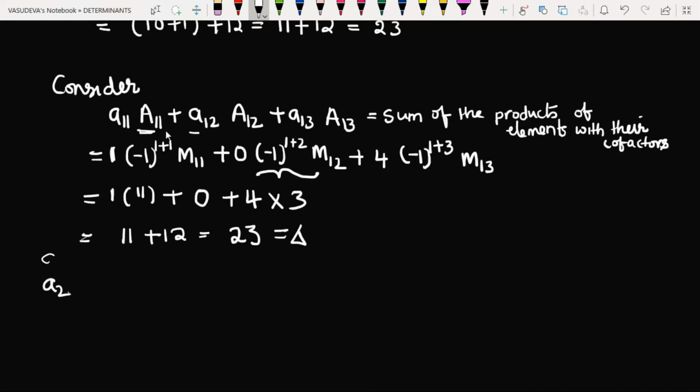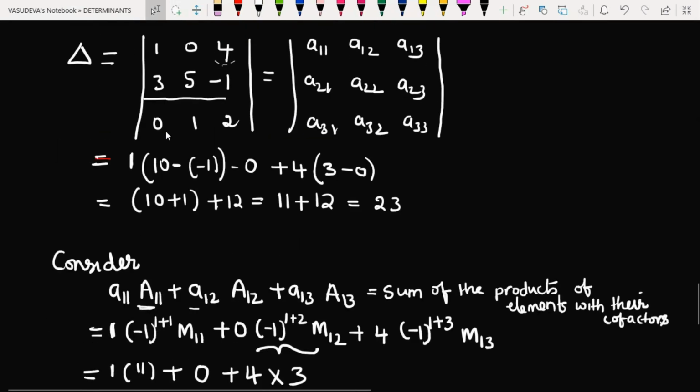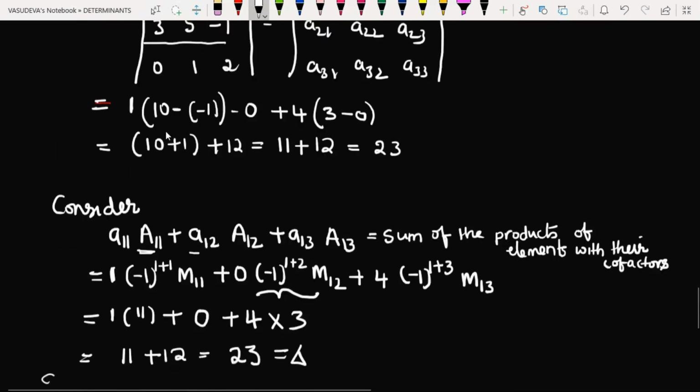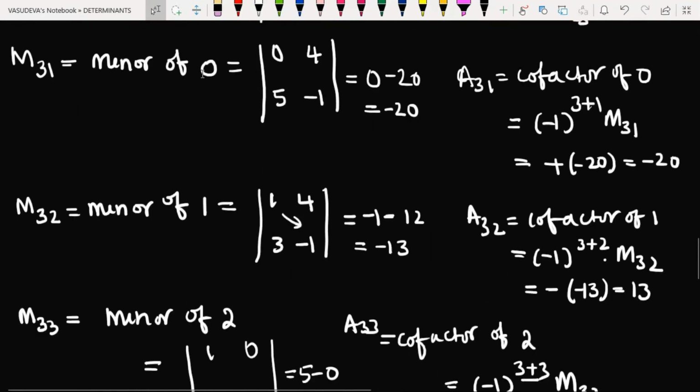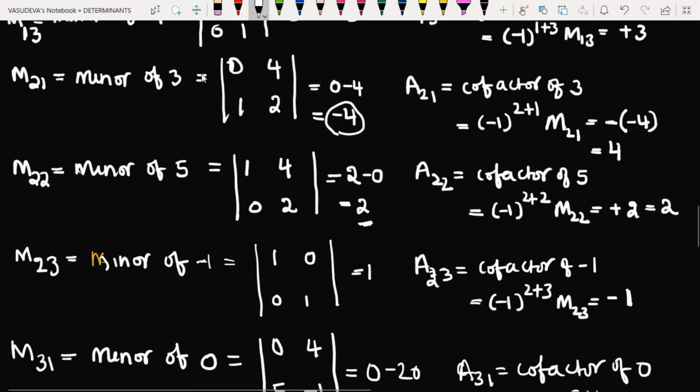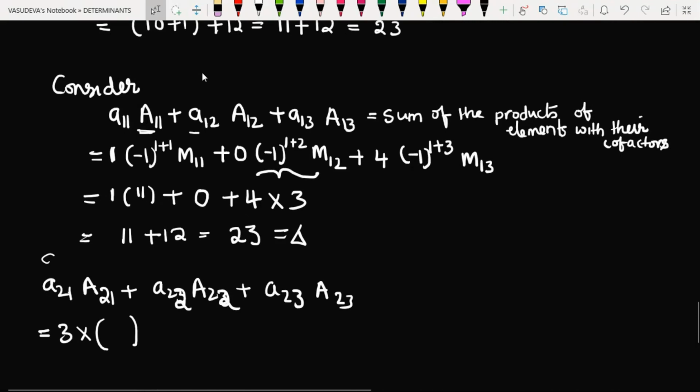The sum of the products of the elements with their cofactors is a21 into cofactor of a21, plus a22 into cofactor of a22, plus a23 into cofactor of a23. Here a21 is the element 3, and the cofactor of a21 is 4, so 3 into 4.